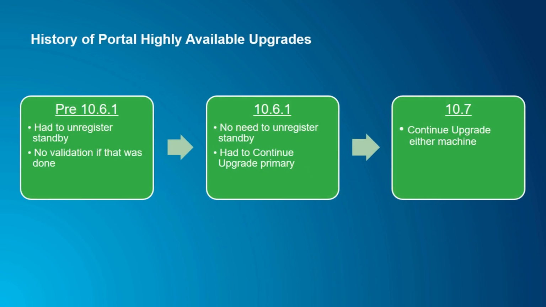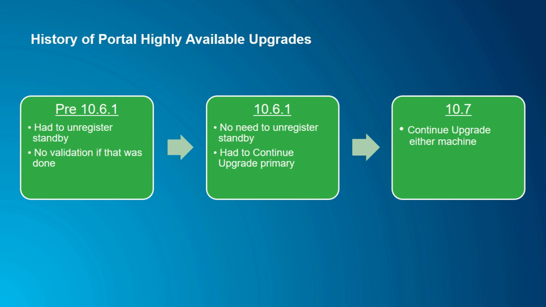So we're going to talk a little bit about a highly available portal, so this is HA. In the past couple releases, it's gone through many changes on how to upgrade it. So we're going to go through a little bit of its history and what happened. If you're upgrading to any version, including 10.6, you had to break that HA connection before you could upgrade.